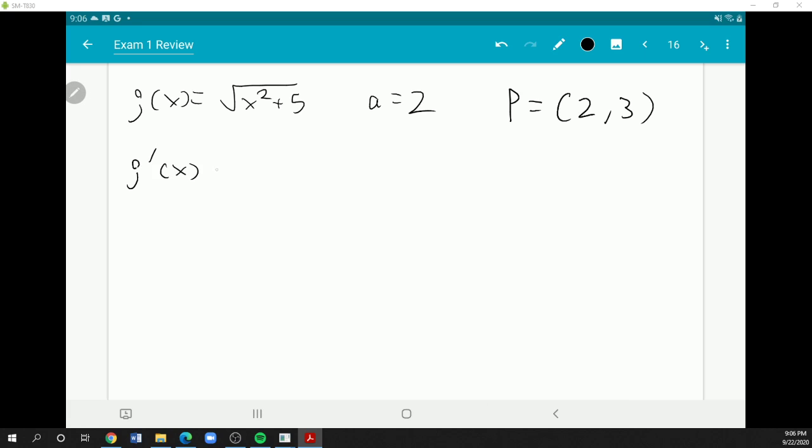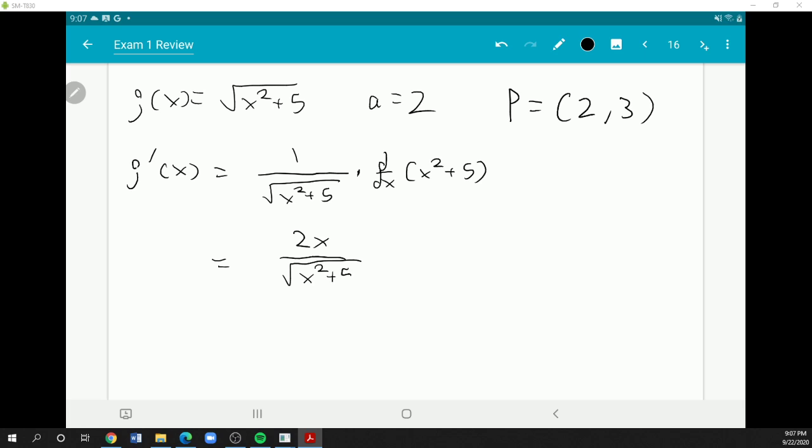J prime of x is, by the chain rule, 1 over square root of x squared plus 5 times the derivative of the inside function, which is x squared plus 5. So I get 2x over square root of x squared plus 5.